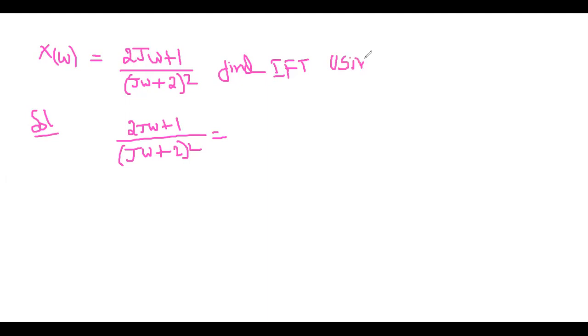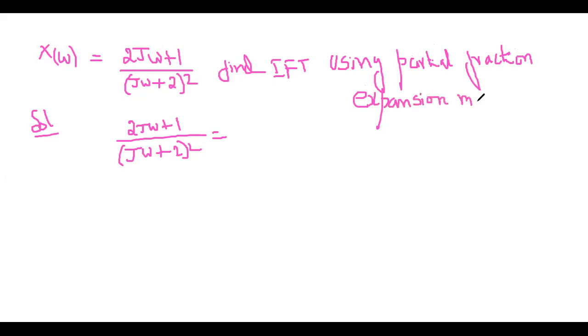Using the partial fraction expansion method, here the denominator is of the form j omega plus 2 whole square.